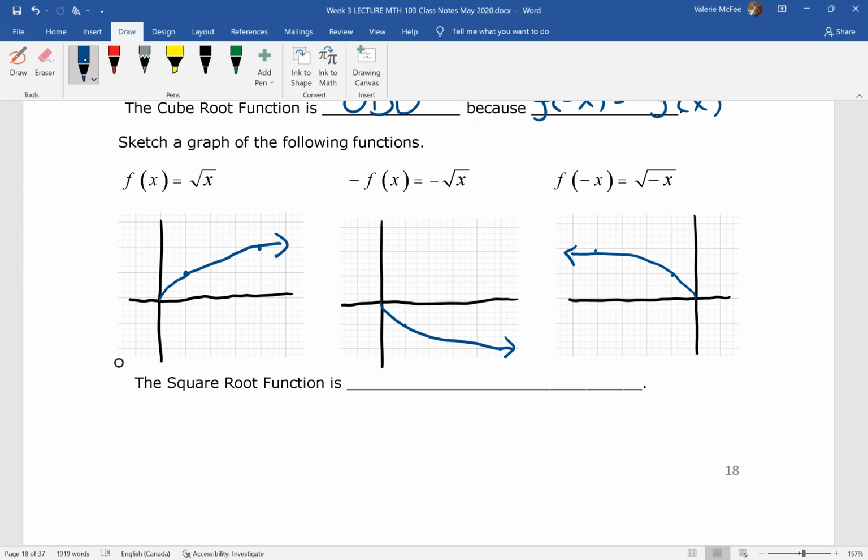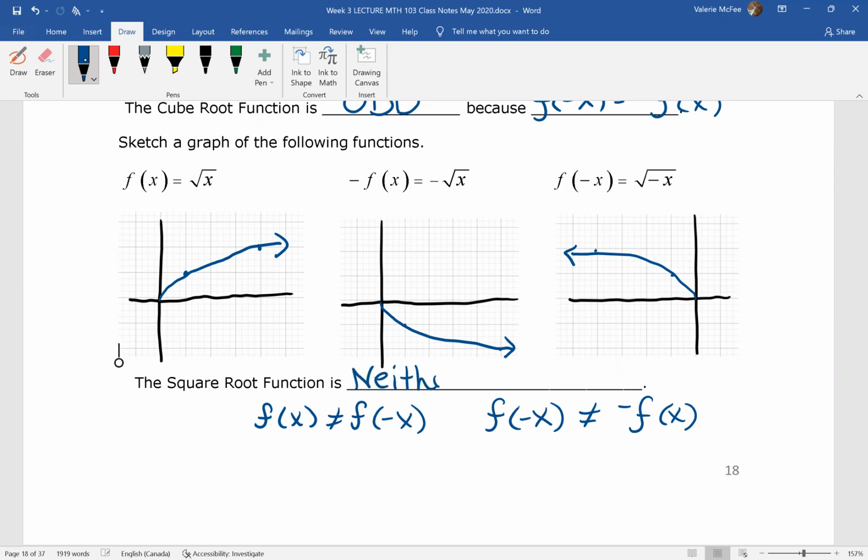And we notice here that f of x is not equal to f of negative x, and f of negative x is not the same as negative f of x. That tells us the square root function is neither odd nor even. So these are some examples of that property we were talking about for functions: odd, even, or neither.